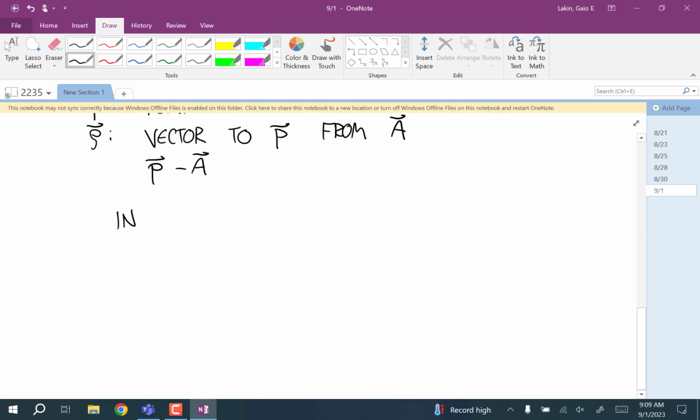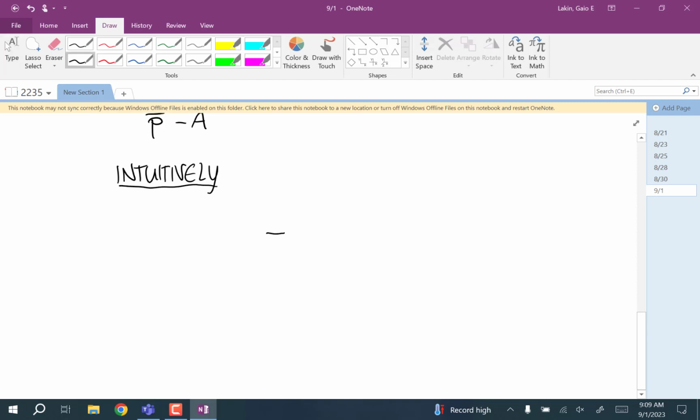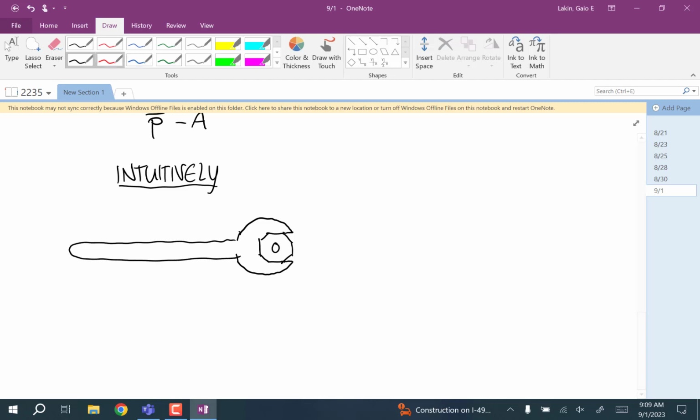Intuitively, you can always think of the meaning of the moment in terms of like a wrench turning a bolt. So this would be your about point.